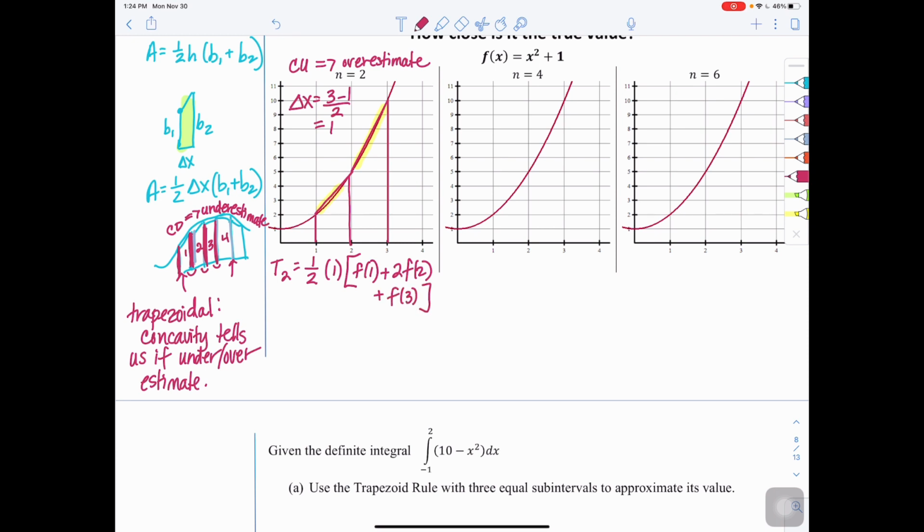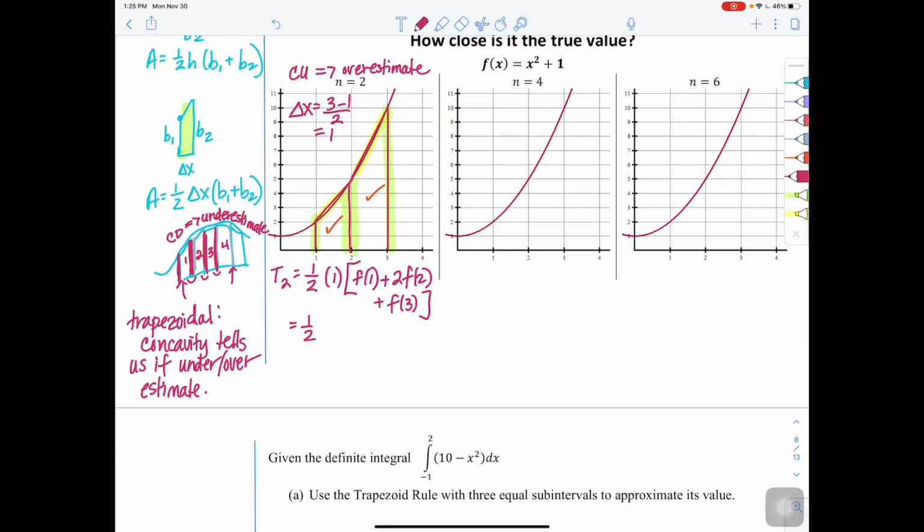So 3 and 1 are on the outside, and then this 2 is doubled up because it's used to find the area of this first trapezoid and this second trapezoid. Okay? So we have 1/2, and we can just plug these in right now.